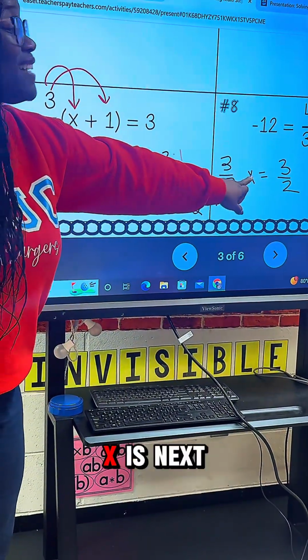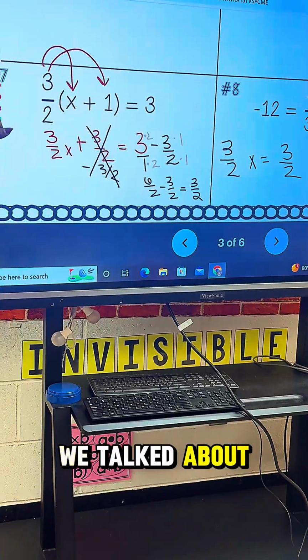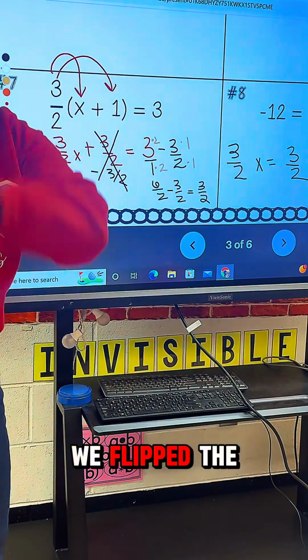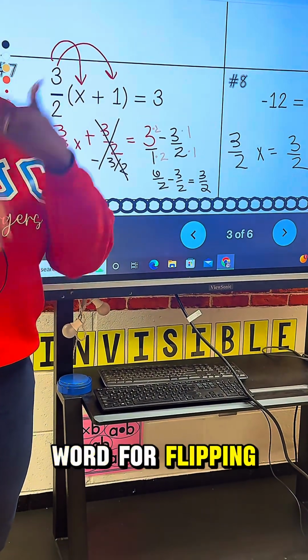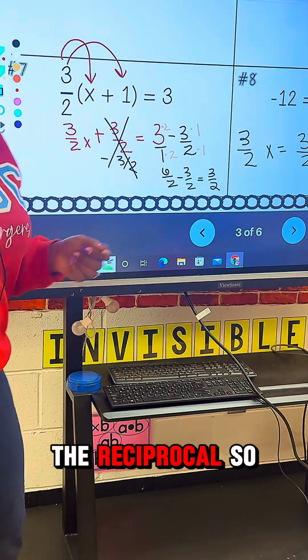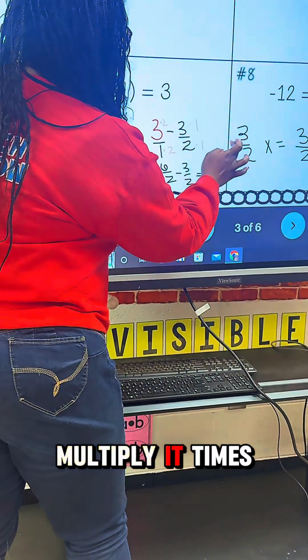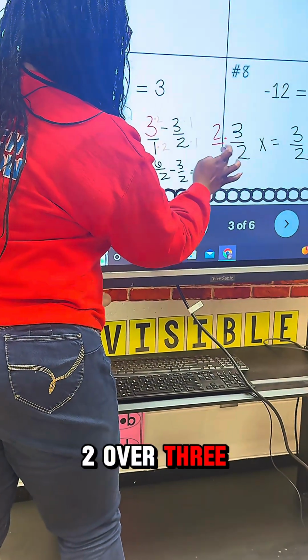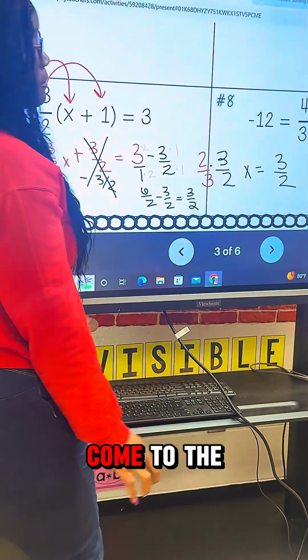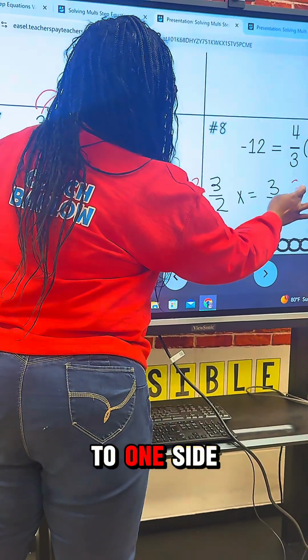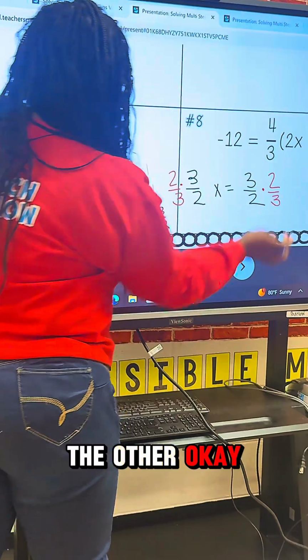Well, when the x is next to a fraction, we talked about this in class Friday, we flip the fraction. What's the word for flipping the fraction? The reciprocal. So we're going to multiply it times 2 over 3. And then we come to the other side, because what you do to one side, you do to the other. Okay?